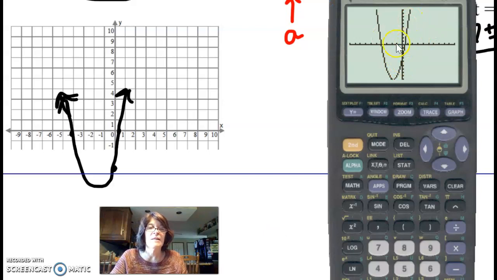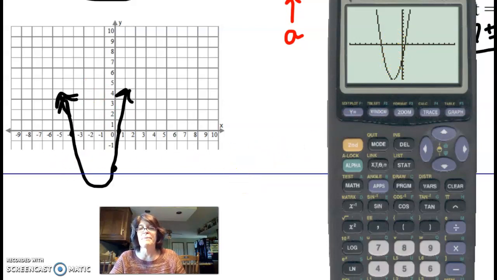If you look here, I'm going through negative 4, between 0 and 1. I was getting this point, 0, negative 4. If I put 0 in for x, I get negative 4. And then it looks like I'm way down here at, I don't even know, negative 10. Doesn't matter.